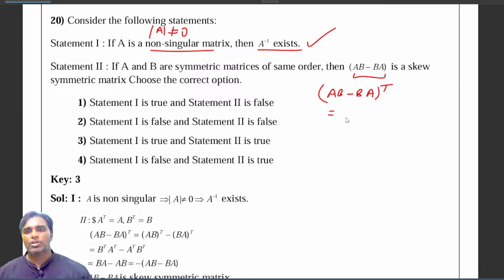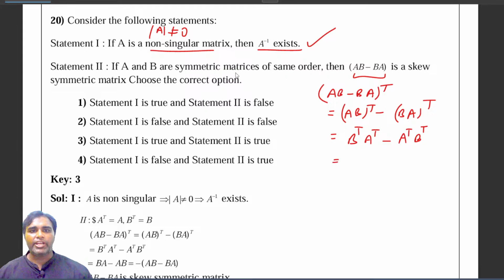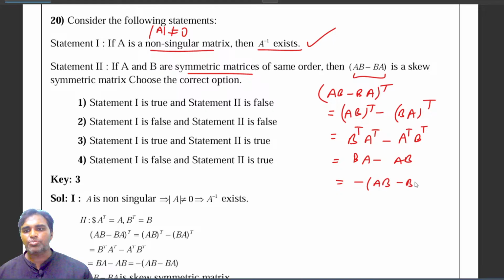So it is AB transpose minus BA transpose, and it is B transpose into A transpose minus A transpose into B transpose. Now both A and B are symmetric matrices. It means B transpose is B and A transpose is A. So it is BA minus AB. Now let's take minus common. So it is minus of AB minus BA.